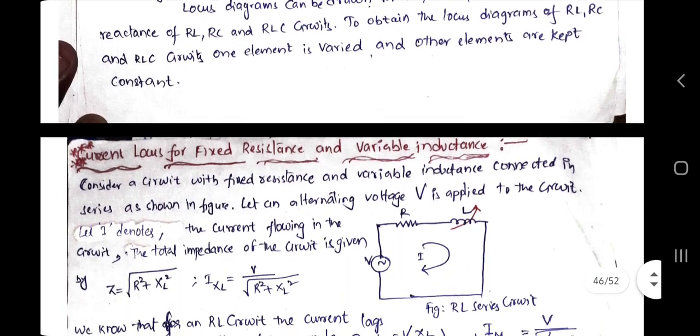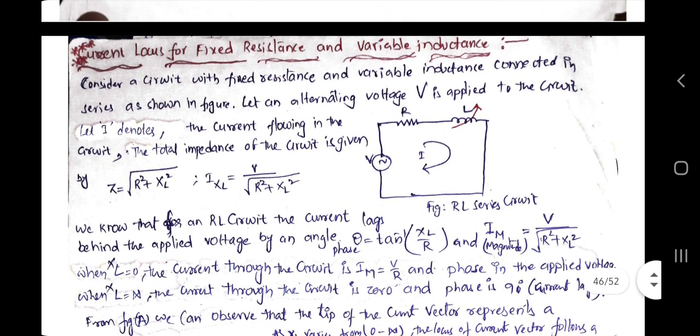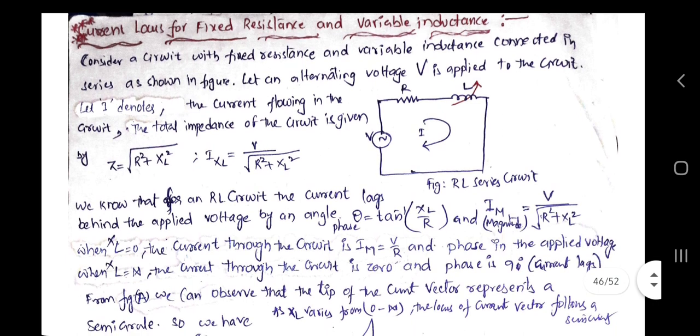Now we are going to talk about the current locus for the fixed resistance and variable inductance. This is for the RL circuit. Already we did a lot of problems on transient RL circuits and the steady state response also.